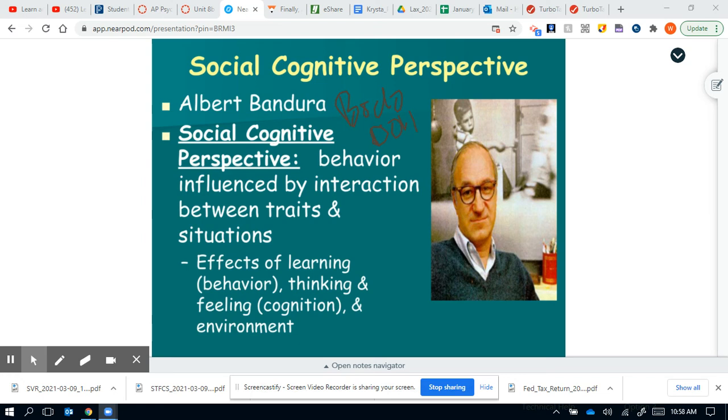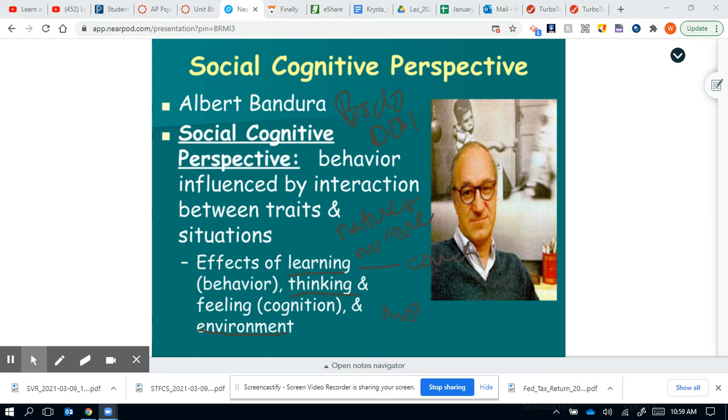Basically, Bandura says that personality and behavior are influenced by an interaction between nature and nurture. It's a combination of the effects of learning or conditioning, thinking, and then our environment, and how these three factors interact with one another.